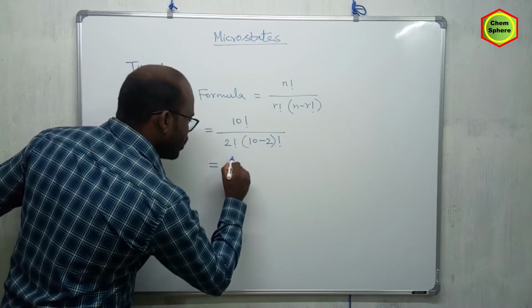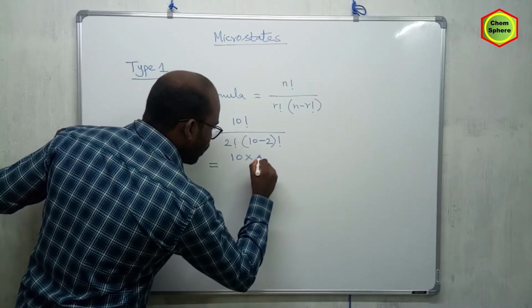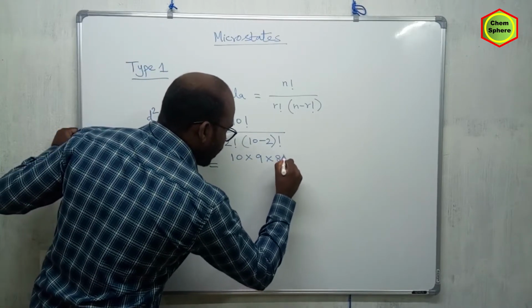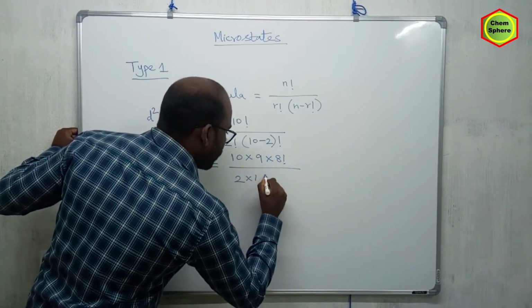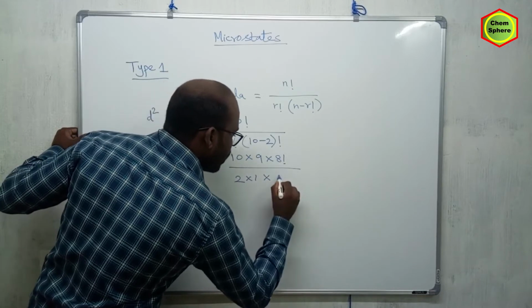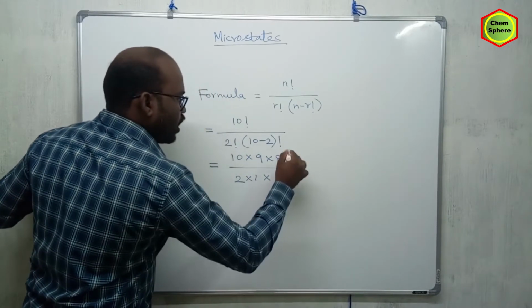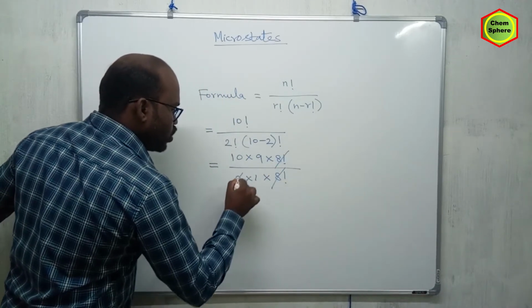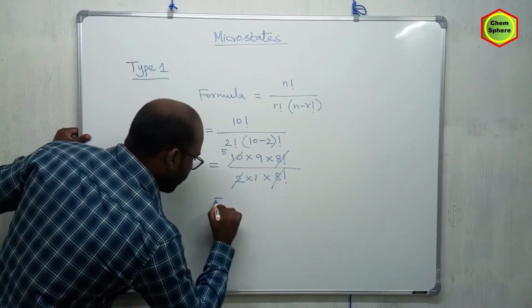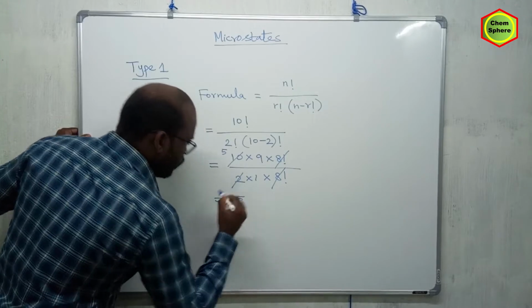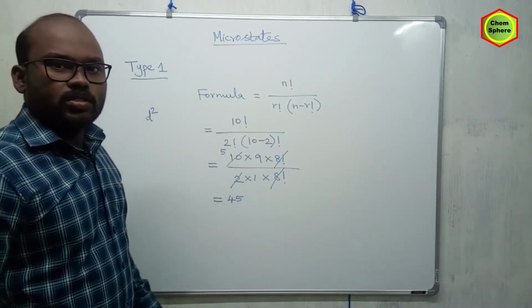Let's expand this one. 10 into 9 into 8 factorial divided by 2 into 1 into 10 minus 2, 8 factorial. 8 factorial cancel, 2, so 5. 5 into 9, 45. 45 is the total number of microstates.